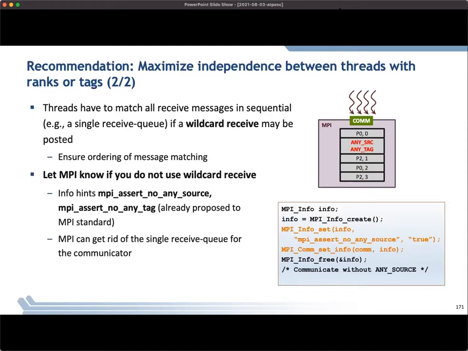The good thing is we have info hints that you can set when you create a communicator, saying, I'm not going to use wildcard receives on this communicator. In that way, the MPI library will know that for this communicator the ordering doesn't matter, and it can do as much optimization as possible for thread multiple communications.